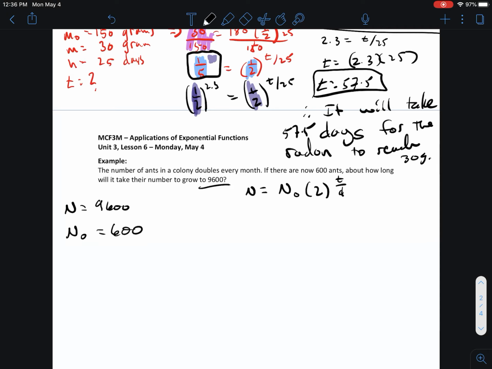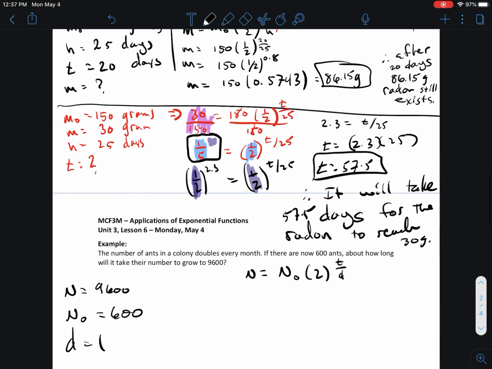We're using the doubling equation, and it doubles every month, so the d value is just going to be 1 for this question. Our time step is just going to be a month. So you're just going to plug stuff in and solve for t.